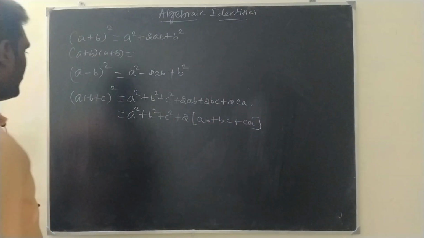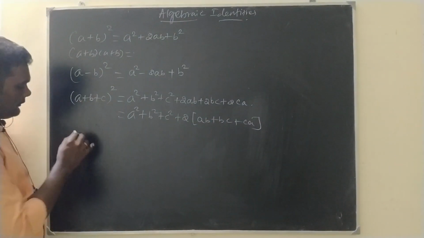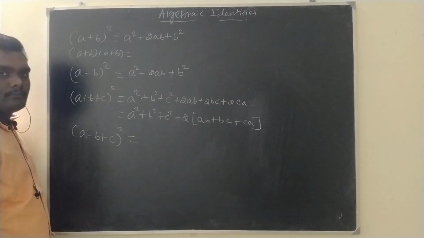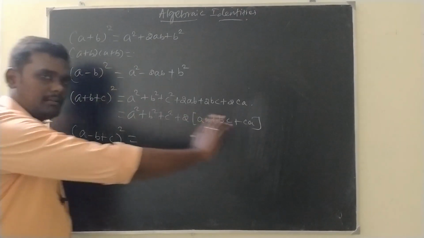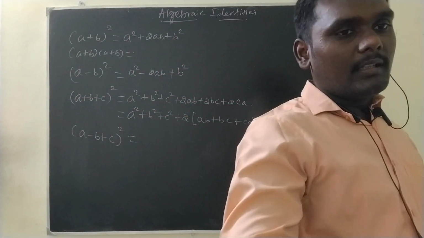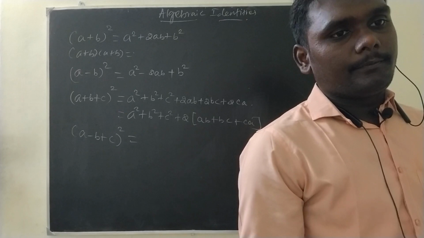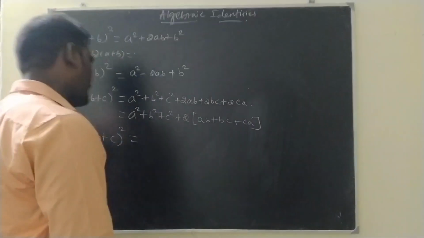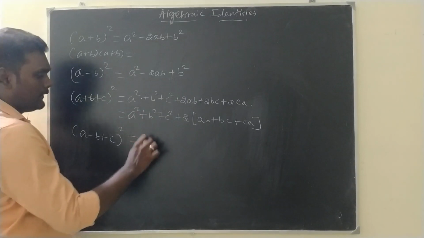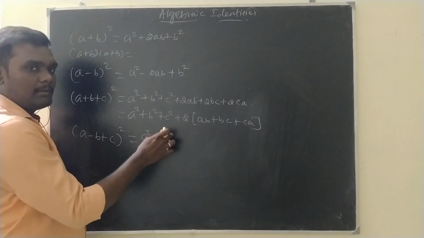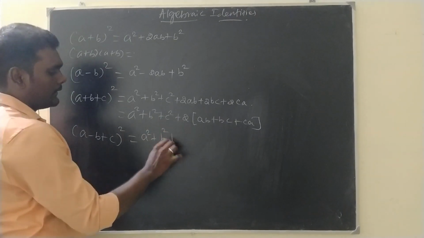So suppose b alone is negative, we have a minus b plus c whole square, that is equal to, the same identity will follow, but wherever b comes in the odd power, there the negative sign will come. See, a square, b square is there, so with even power, negative will not affect here.